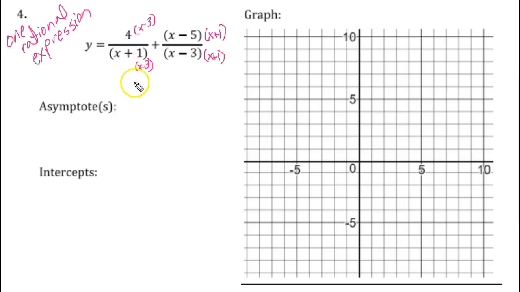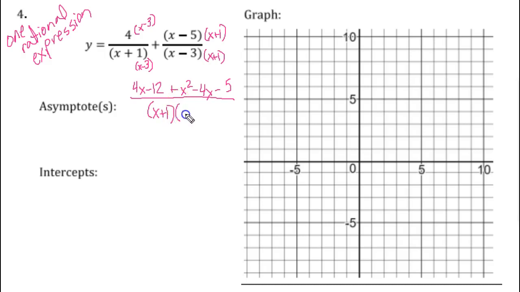So up in the top, we're going to have 4x minus 12 plus, now this one I don't want to forget to do my double distribution, so I'm going to have x squared, positive 1x, and negative 5x is negative 4x, and negative 5 times 1 is negative 5. So that's going to be my numerator, and our common denominator we want to leave factored.